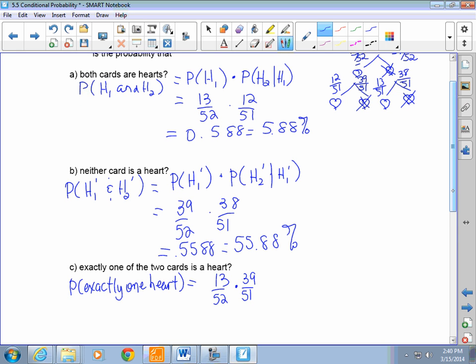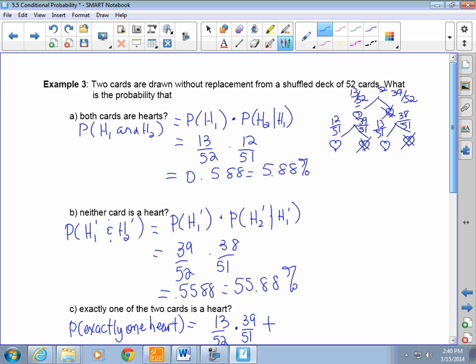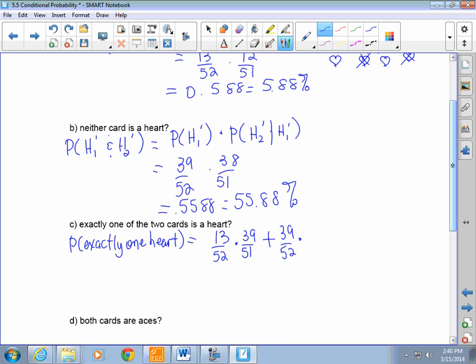Or I could have gone the other way, so that or is a plus. What happens if my first one was not a heart? So if that's not a heart, there was 39 out of 52 there. And then that would mean my second one has to be a heart, so that was 13 out of 51. So if you multiply and then reduce, you are left with 13 out of 68 plus the second one, because basically I have the same numbers.